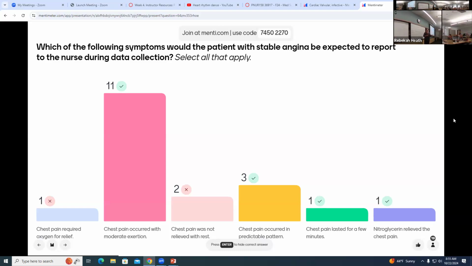And if it doesn't go away, you give it again? Exactly. The rule of thumb for nitroglycerin under the tongue: we don't want them to swallow it because, remember anatomy and physiology, there's so much blood flow going through our mouth. If we go under the tongue, it will dissolve and get into our bloodstream much faster than if we swallow it and it goes through our digestive tract.